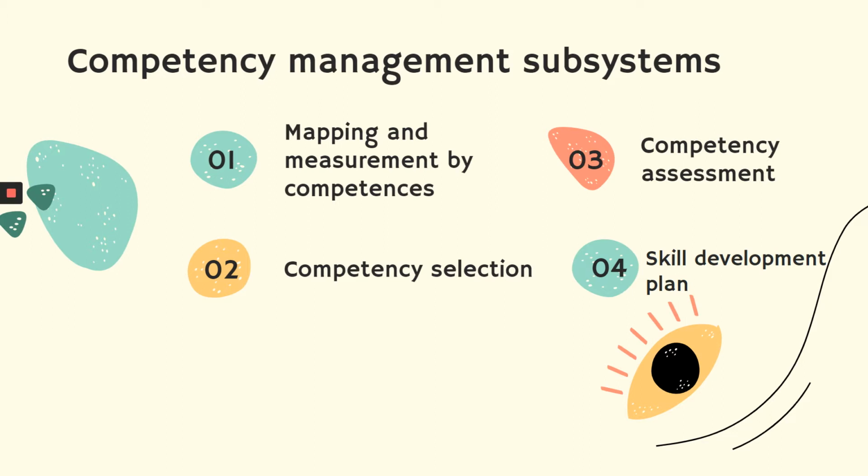Competency selection, that are interviews to identify if the candidate has the ideal profile for the position. Competency assessment, that is to check if the profile of employees is aligned with their function. And skill development plan, that is used to improve the individual profile of each employee.